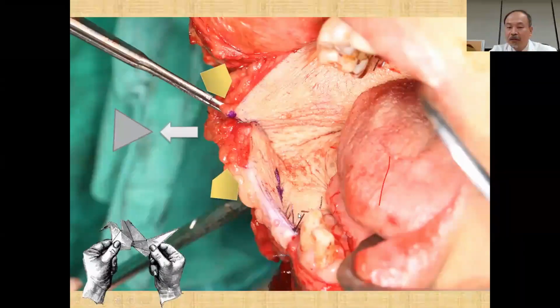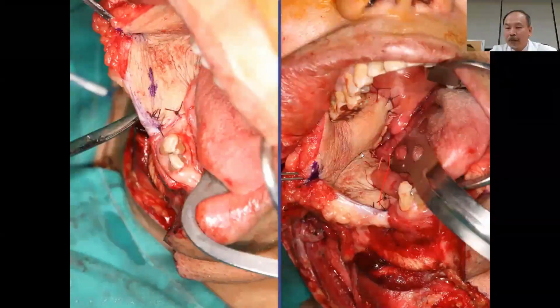And use this method, we can also generate the sulcus. And then we can generate like this, especially for patients if they perform the marginal mandibulectomy. Yeah, by this method, you can generate a good sulcus, and then that looks like a gingival area, and then the teeth will not compress the flap.